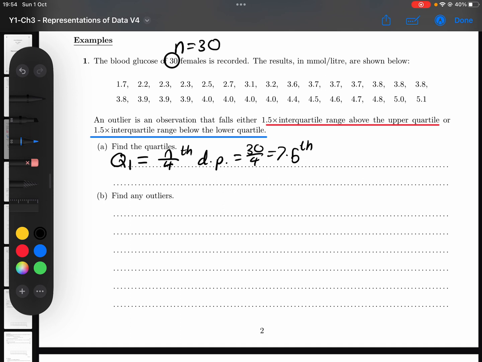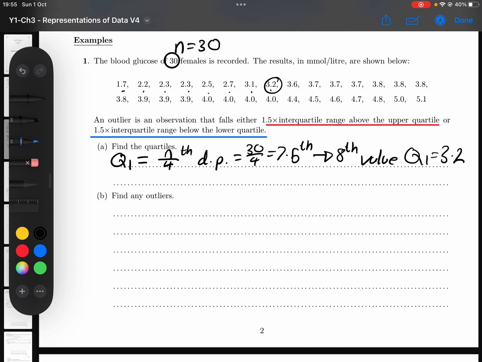And I'll remind you that we round up when we find quartiles. So we're looking for the 8th value. 1, 2, 3, 4, 5, 6, 7, 8. So Q1, the lower quartile, is 3.2.